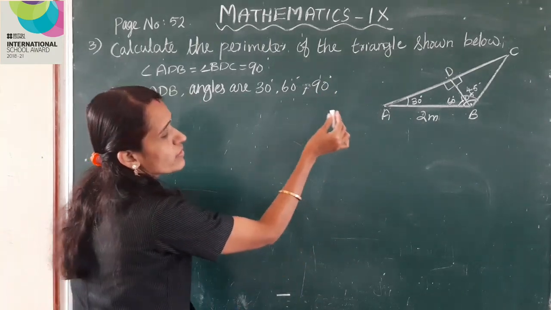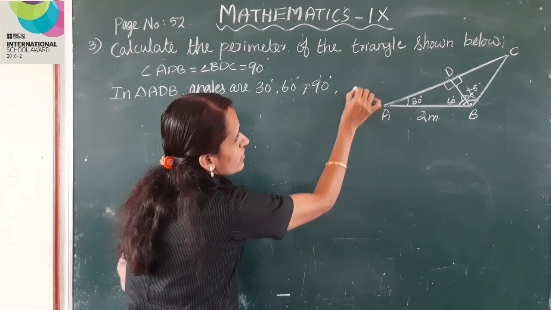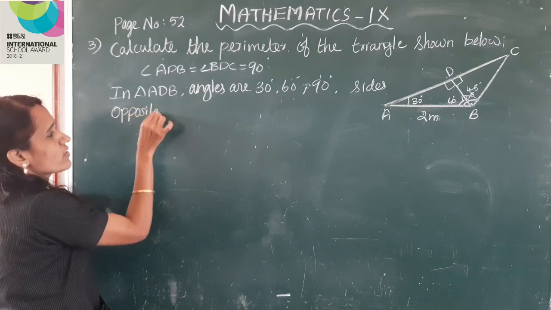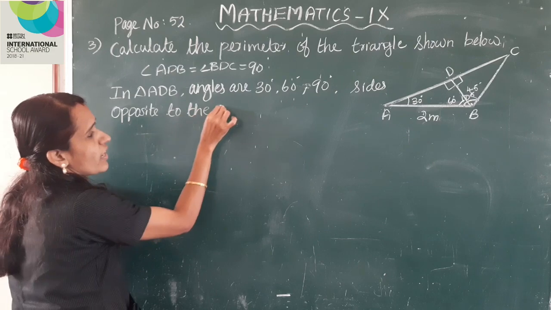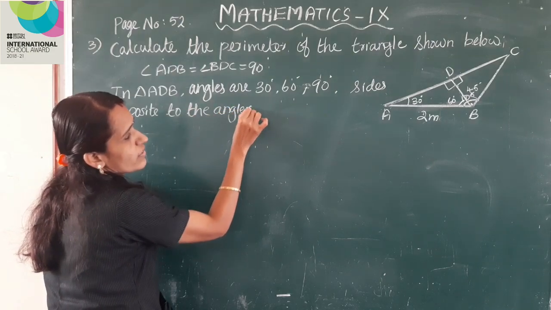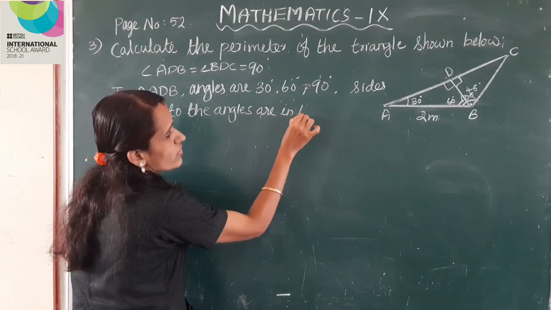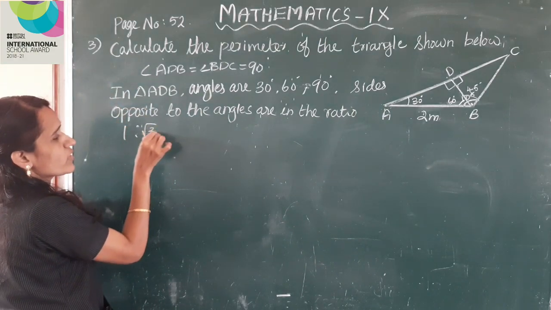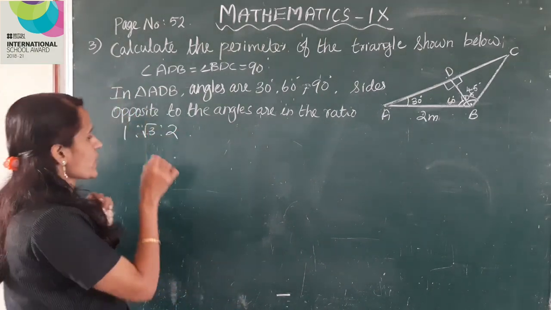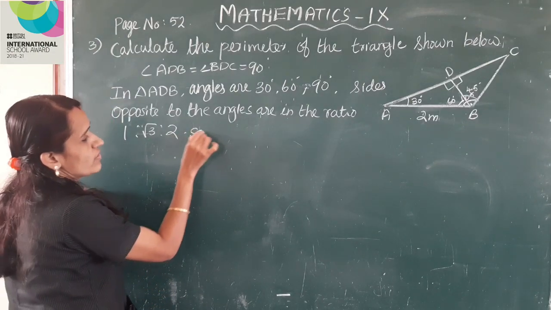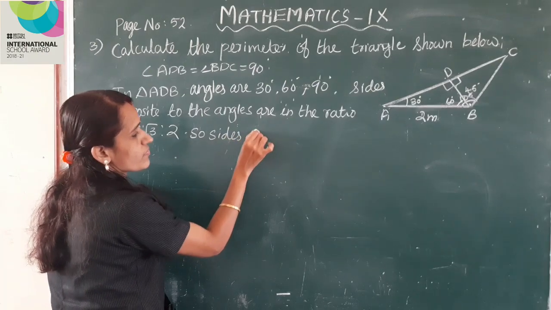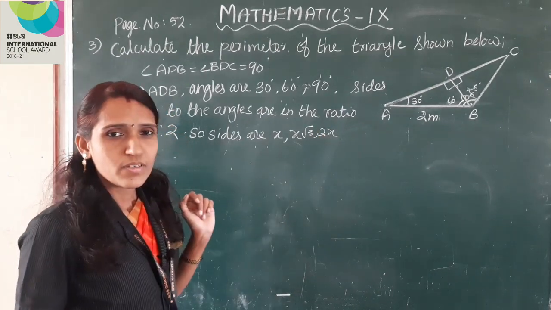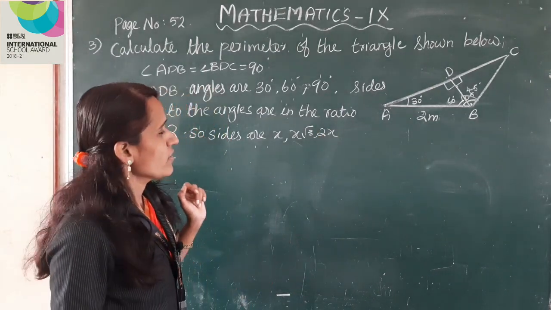Sides opposite to the angles are in the ratio 1:√3:2. So sides are x, x root 3, 2x.